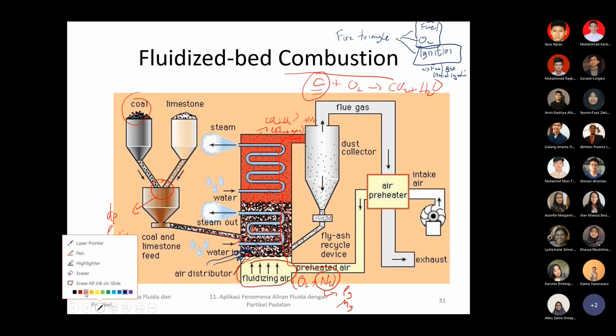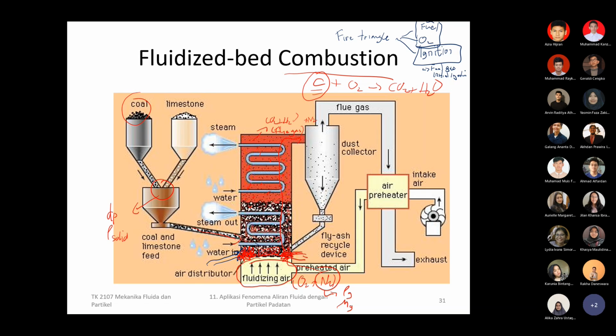let me change the color directly to red. Once you get an ignition, a fire, that's what we call a flame. By putting it this way, you have two kinds of ignition: direct ignition because of the flame, and you can also imagine that at this location, the temperature must be hot.